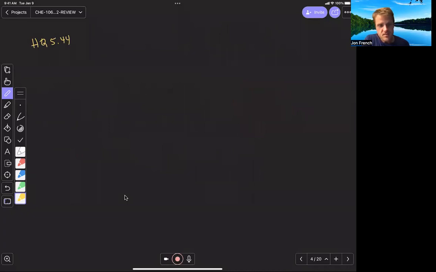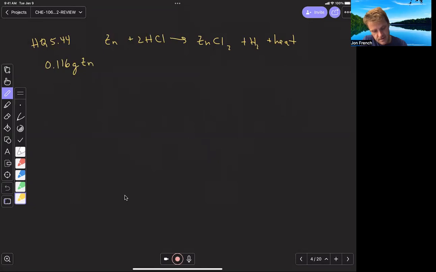So how many grams of zinc do we have in this reaction? I have 1.16 e to the negative 1, 0.116 grams of zinc. And then what's your volume of HCl? 5.21 e to the 1 milliliters.